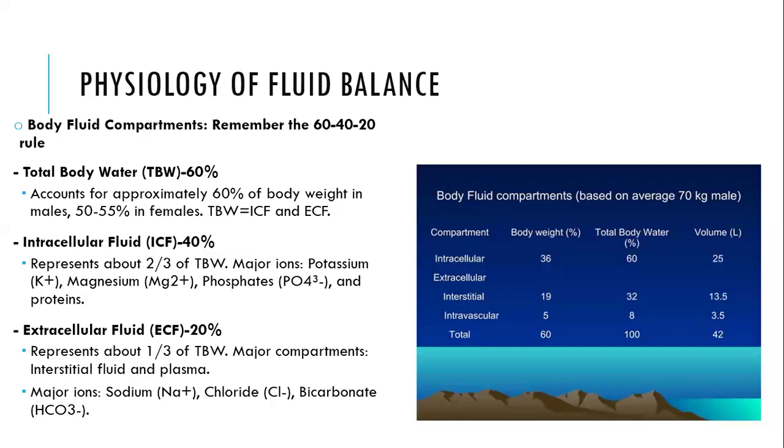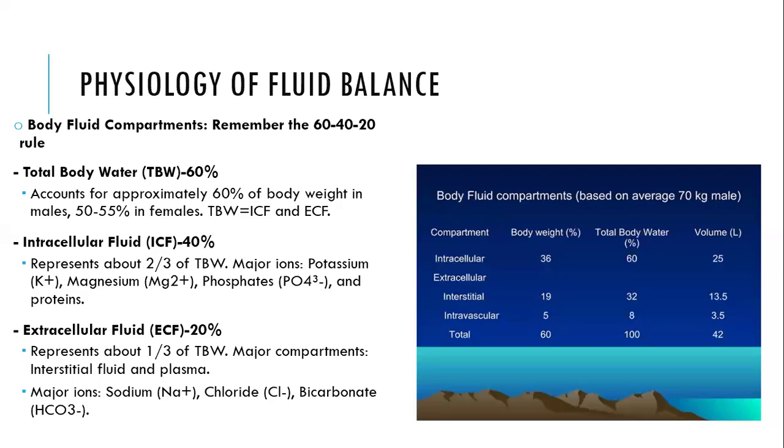This intracellular fluid contains ions like potassium, magnesium, phosphate, and proteins. These are the major ions contained in the intracellular fluid compartment. The extracellular fluid constitutes 20%, about one-third of the total body water. It is also divided into two major compartments, the interstitial fluid and the plasma.